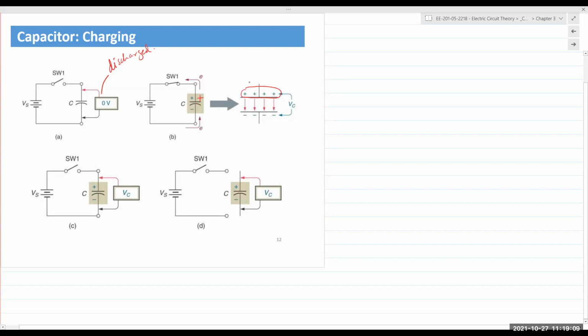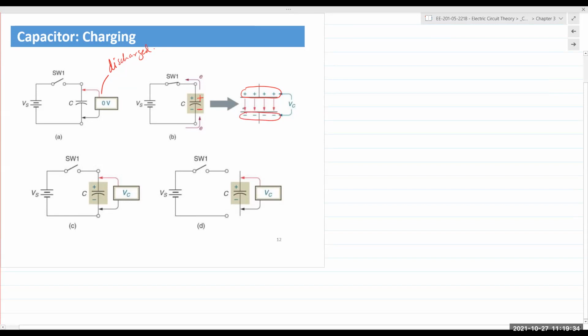All with me so far? And then what happens at the other end? The exact opposite. You have the negative end of Vs connected to the bottom plate. The electrons are repelled, traveling and building up charge on the bottom plate. And so you have a buildup of negative charges on the bottom plate.